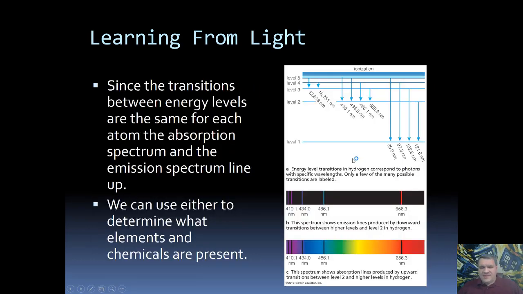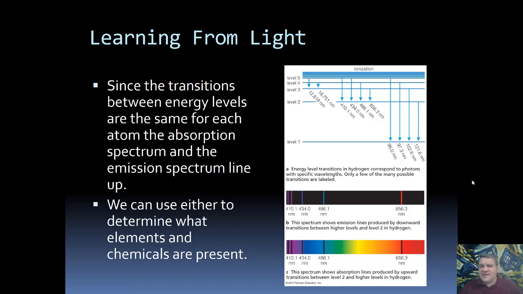Now, in this diagram, notice the top one is an emission spectrum, and the bottom is an absorption spectrum. In this case, we're looking at the emission and absorption of hydrogen. Notice that if we were to add the emission and the absorption spectrum together, we would end up with a continuous spectrum.